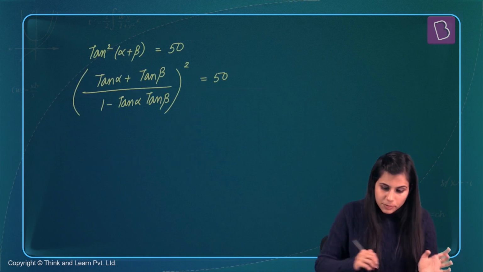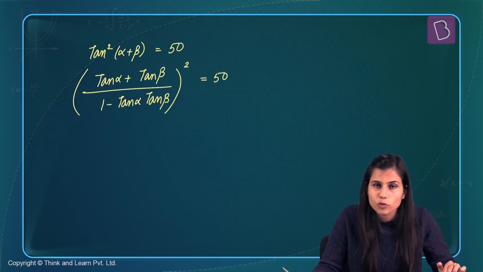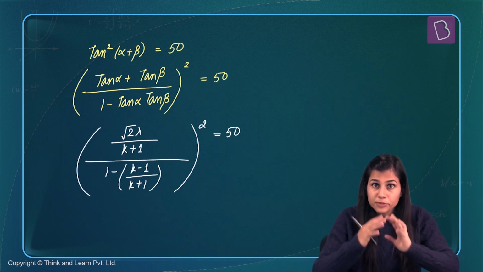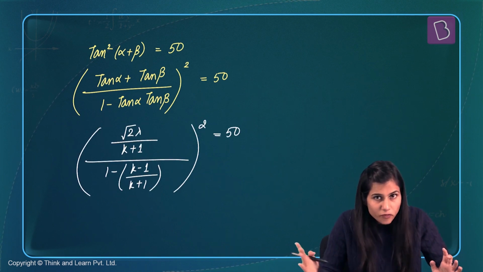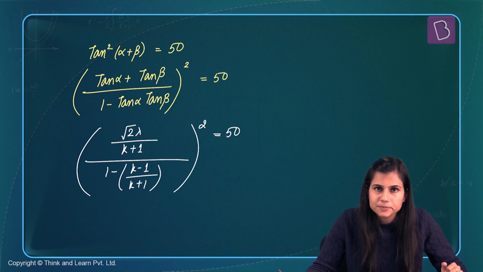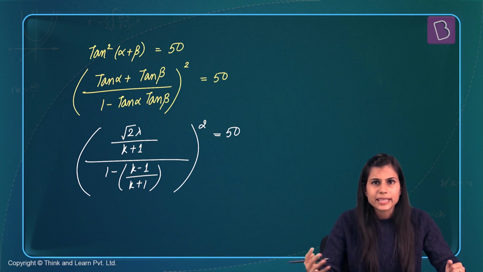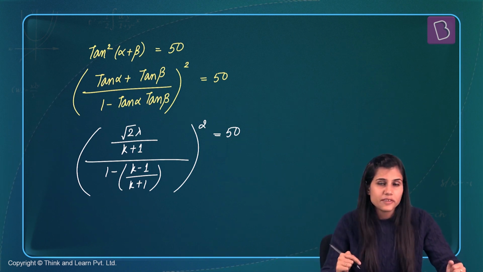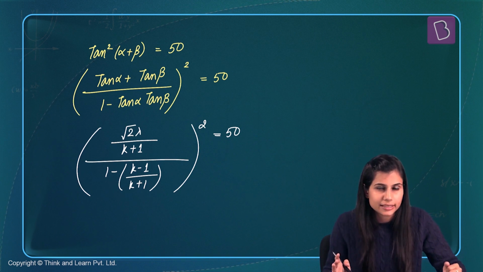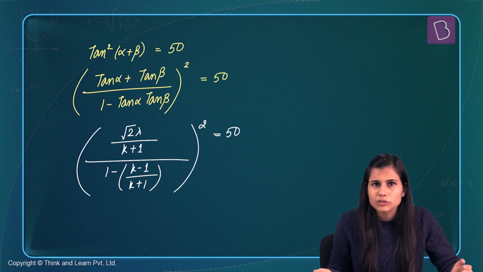The moment you have the values of tan alpha plus tan beta and tan alpha into tan beta, let's plug them into this equation. What do you get? You get root 2 lambda upon k plus 1, whole upon 1 minus of k minus 1 upon k plus 1, all of this whole square equals 50. Of course there will be cancellations, and on the left hand side you get an expression free from k. It's a very simple calculation.